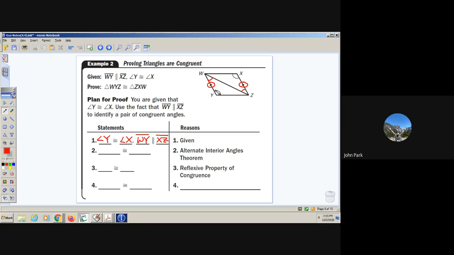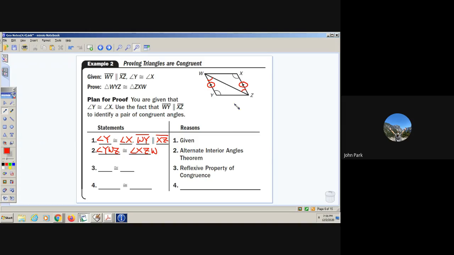So this angle here is the angle YWZ, and that's congruent to this angle, which is angle XZW. Those two angles are congruent because they're the alternate interior angles. There are two parallel lines here, and this is a transversal.